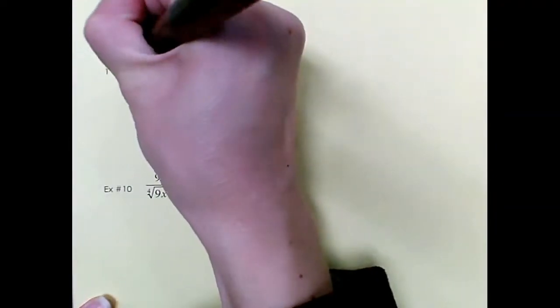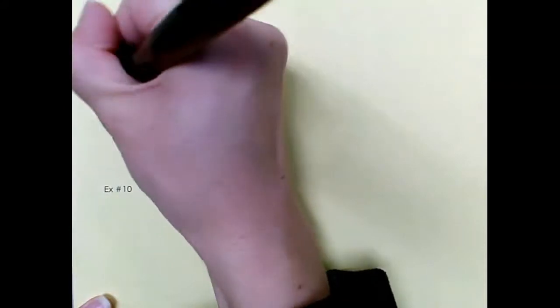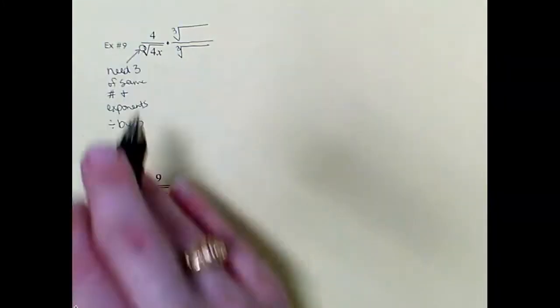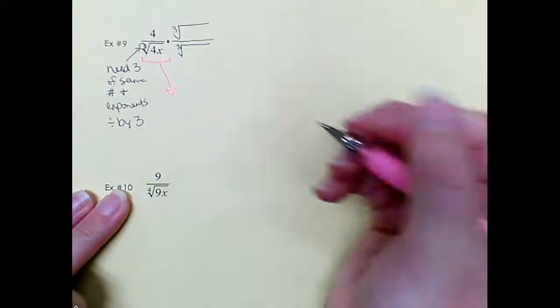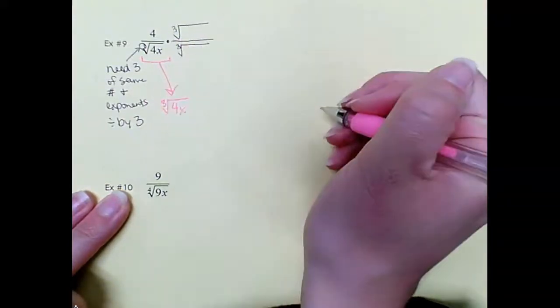So in reality, I need 3 of the same number under the radical sign and I need exponents divisible by 3. Because that's my index. So I have, forgive all the arrows, I have the cube root of 4x.